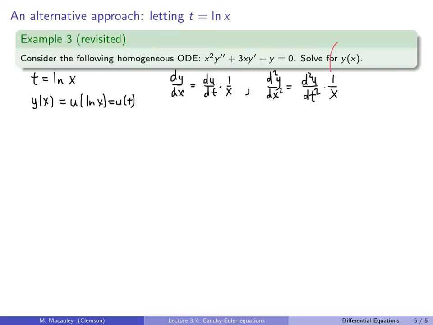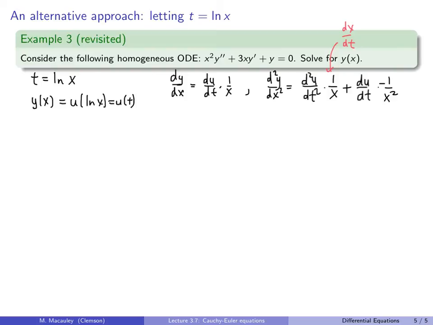Let me just emphasize that this is dx dt, plus du dt times the derivative of this. So plus du dt times the derivative of this, which is minus 1 over x squared.